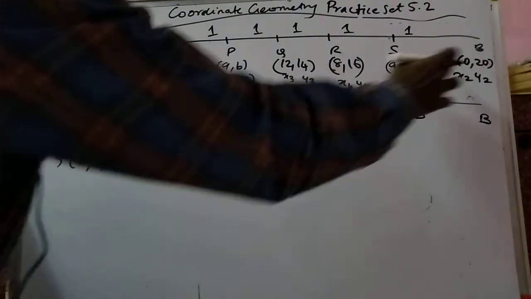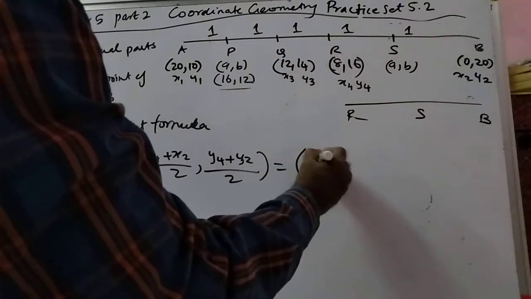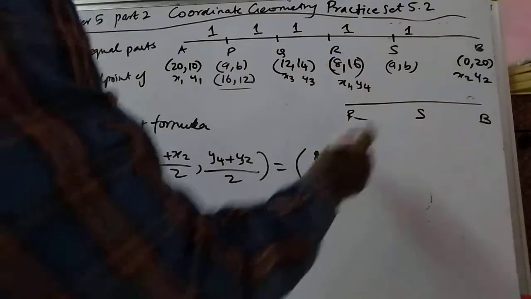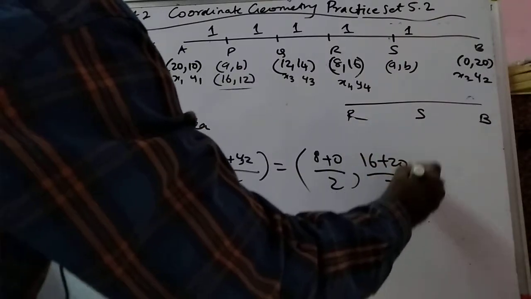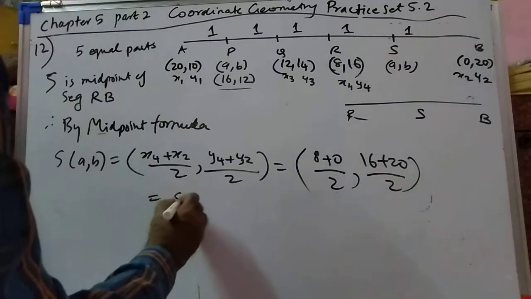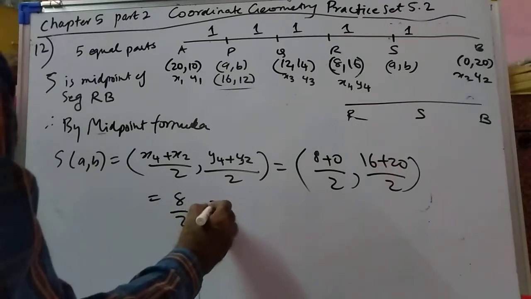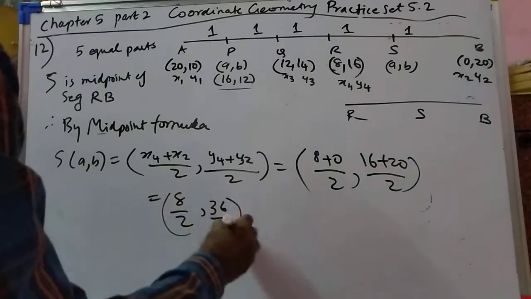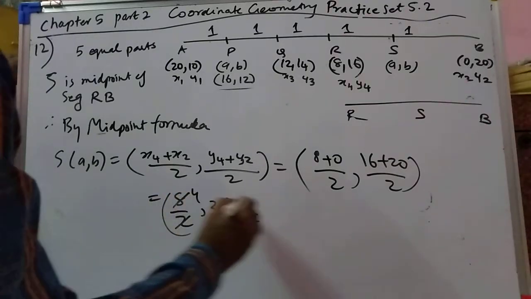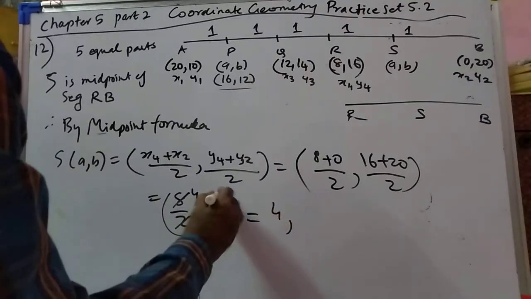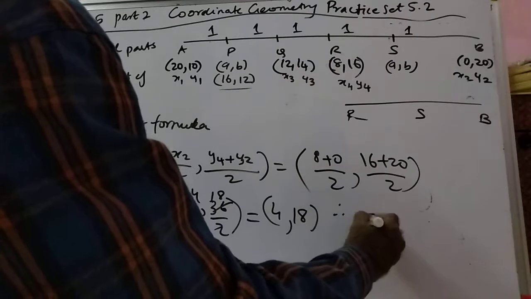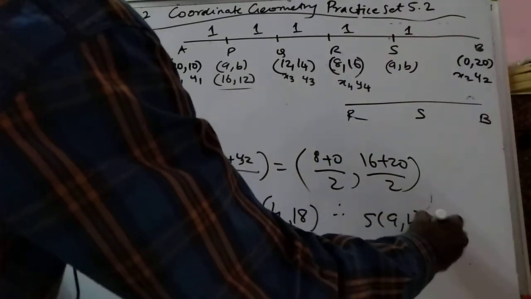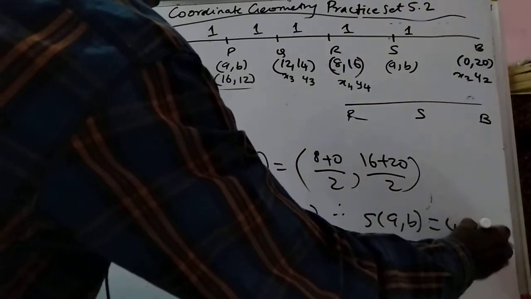So that will be 8 plus 0 and 16 plus 20. So that will become 8 by 2, 36 by 2, which is 18. Therefore, S (a, b) is equal to (4, 18).